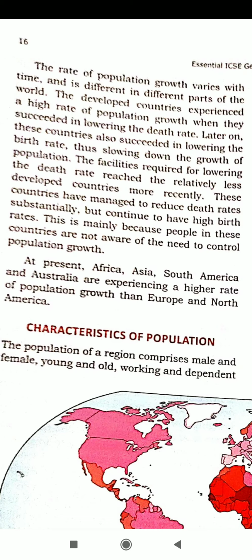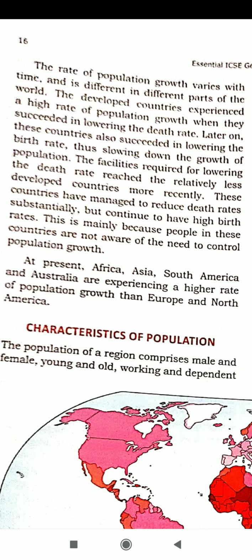More recently, these countries have managed to reduce death rates substantially but continue to have high birth rates. This is mainly because people in these countries are not aware of the need to control population growth. At present, Africa, Asia, South America, and Australia are experiencing a higher rate of population growth than Europe and North America.